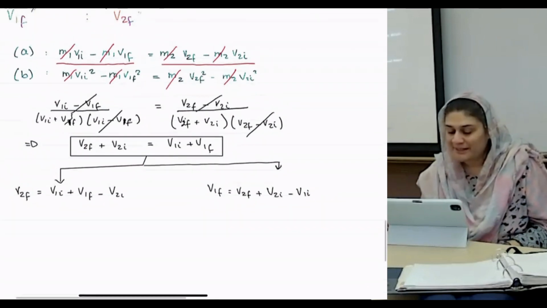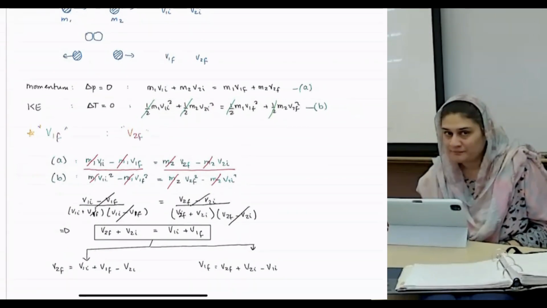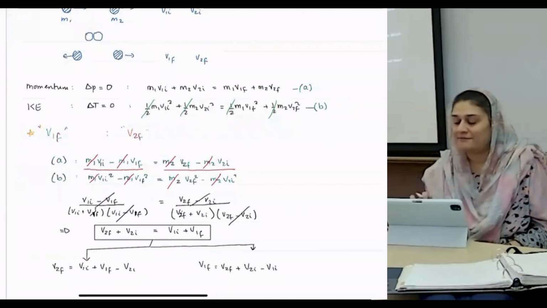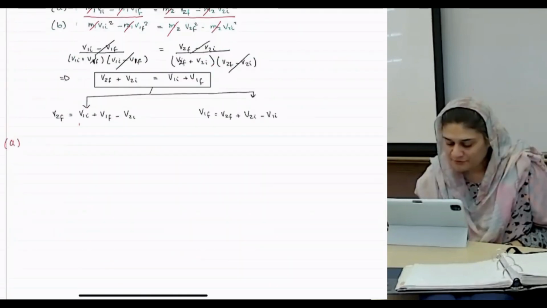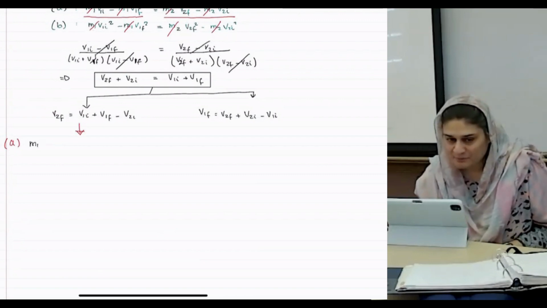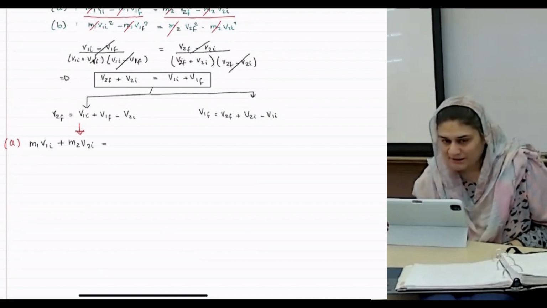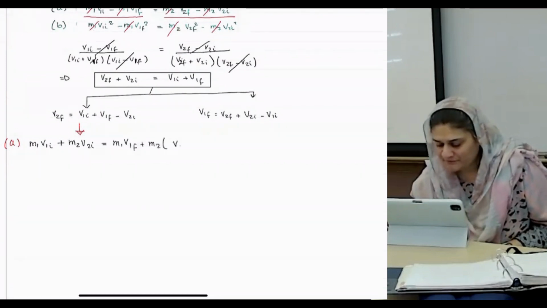Okay, so I'm going to rewrite my equation A again and plug this V2F in equation A. So first of all, I'm rewriting my equation A, which was M1 V1I plus M2 V2I equals M1 V1F plus M2 times V1I plus V1F minus V2I.